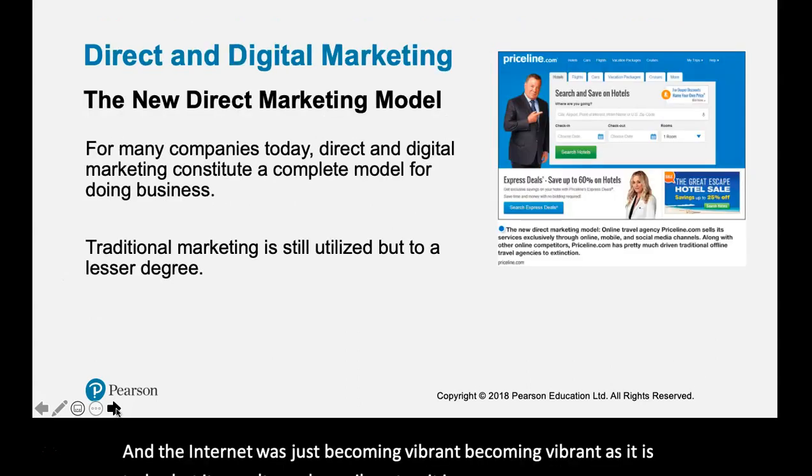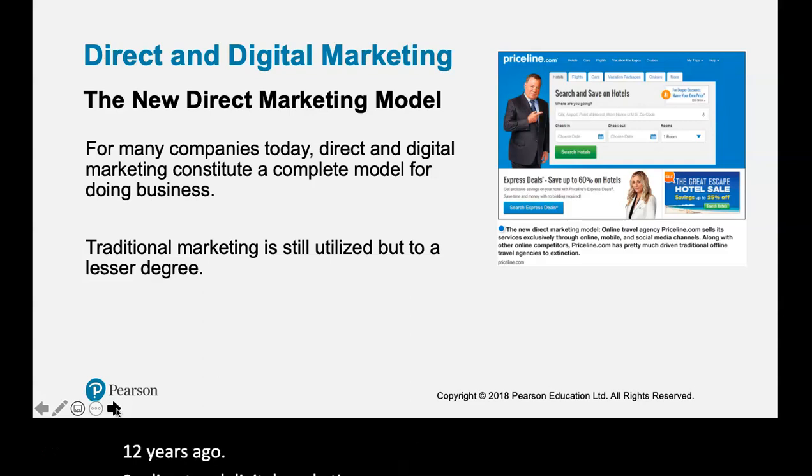So, direct and digital marketing. The new direct marketing model. Most companies are utilizing direct marketing and using traditional marketing to a lesser degree.